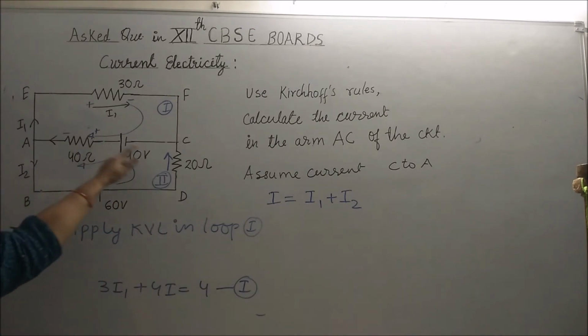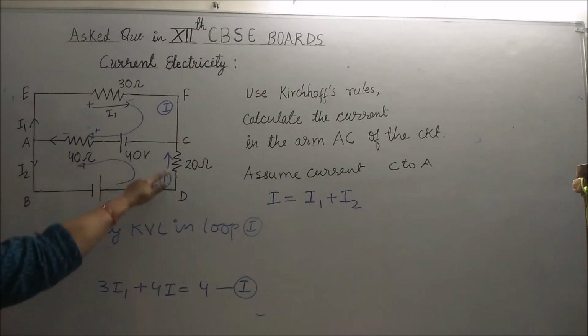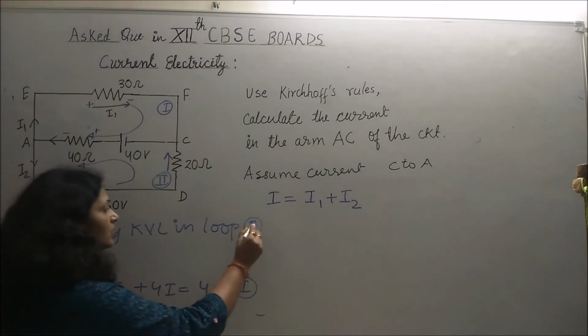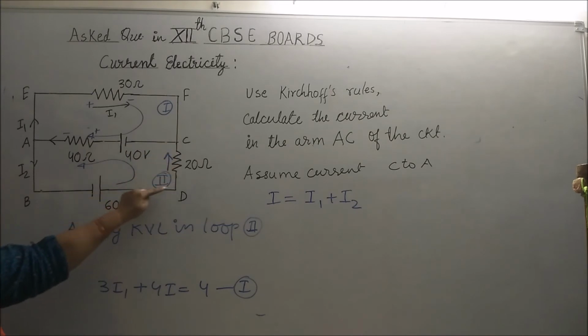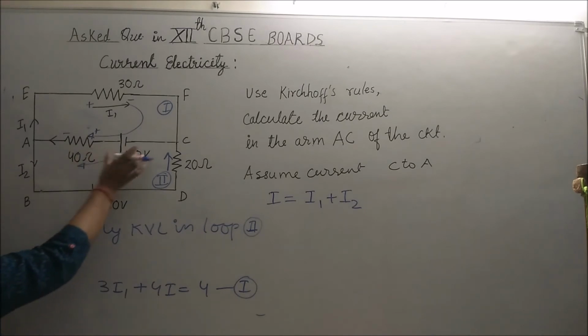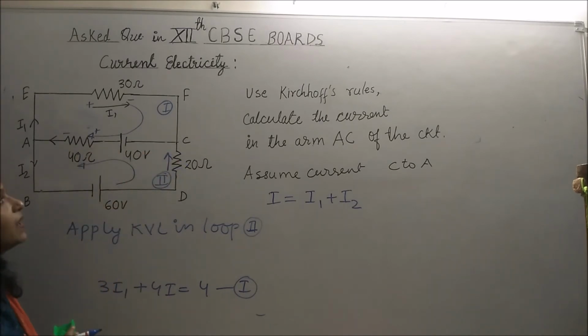Now apply the KVL in this second loop, or in this outer loop, to get another equation. Start from this point A, moving around this loop path and coming back to the starting point, and consider all the voltage drops in the path.